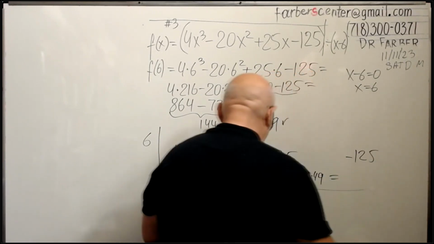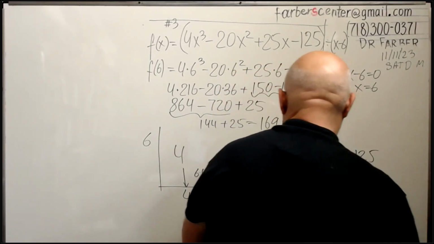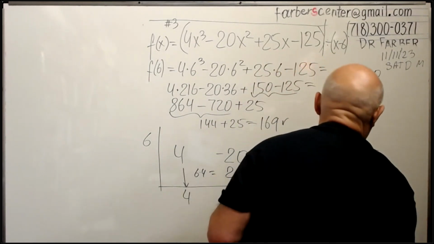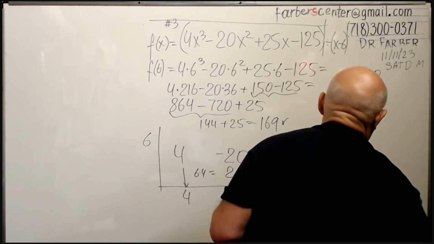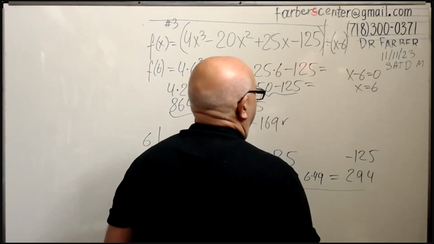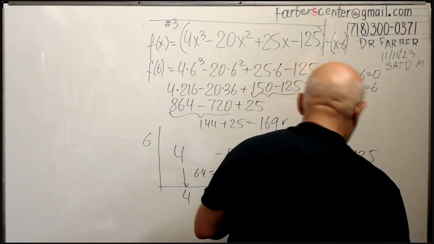If you multiply this, what do you get? You get 294. 294 minus 125 is 169.